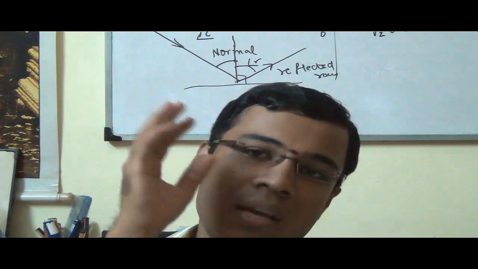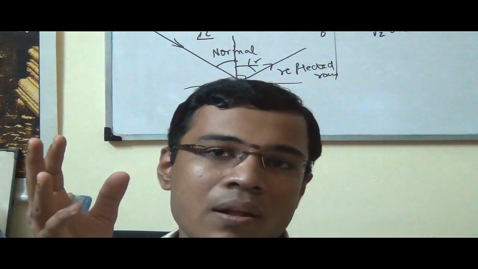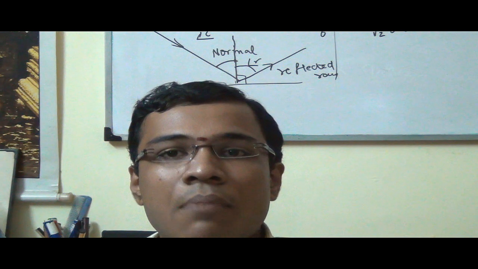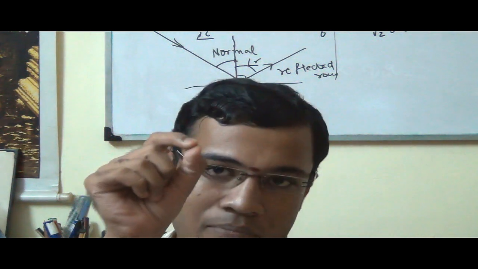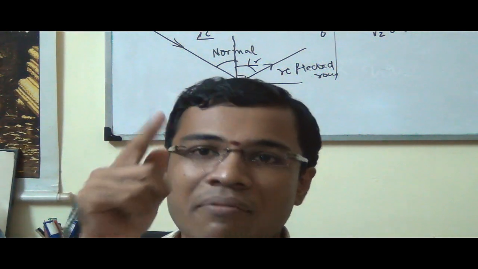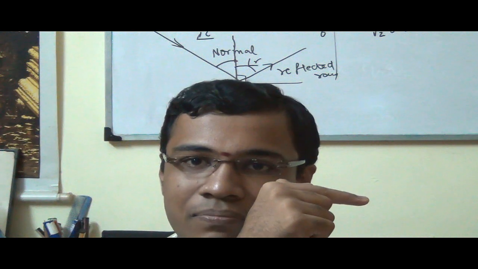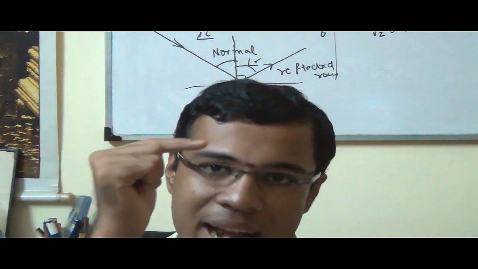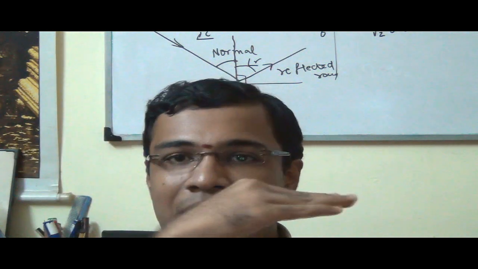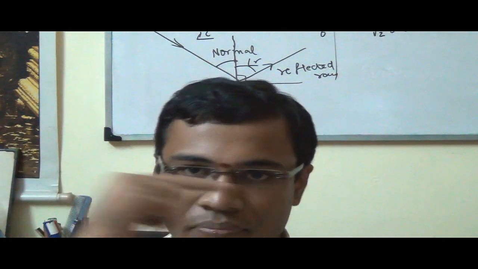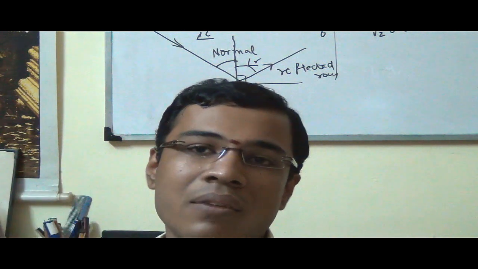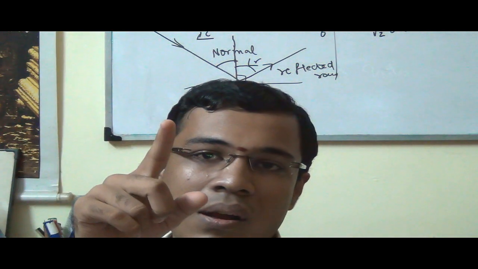What is this principal focus? We have learned the center of curvature is the center of the sphere from which this mirror was cut. Principal focus is also a point. It is a point where all the rays of light that are parallel to the line joining the center of the mirror and the center of curvature meet.